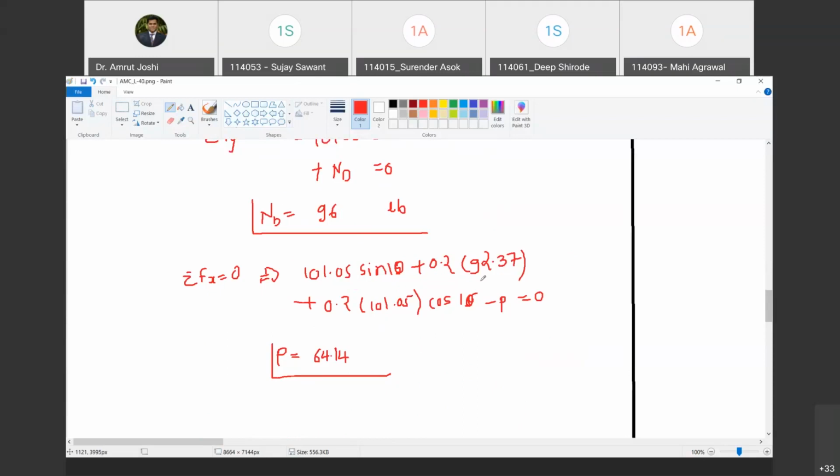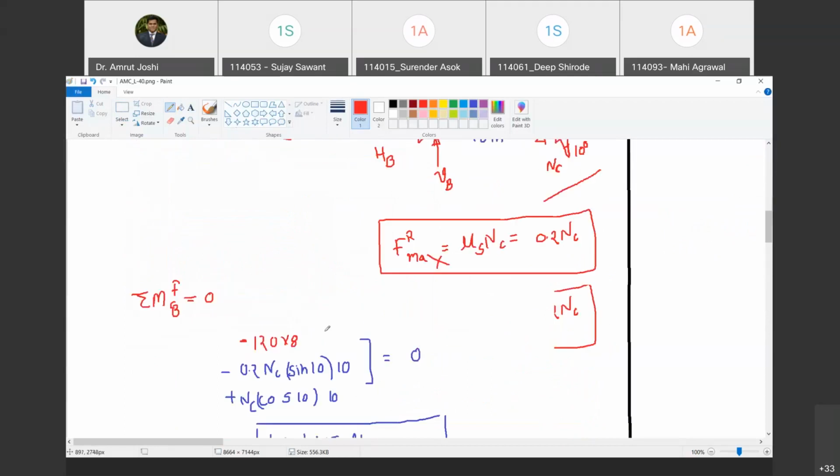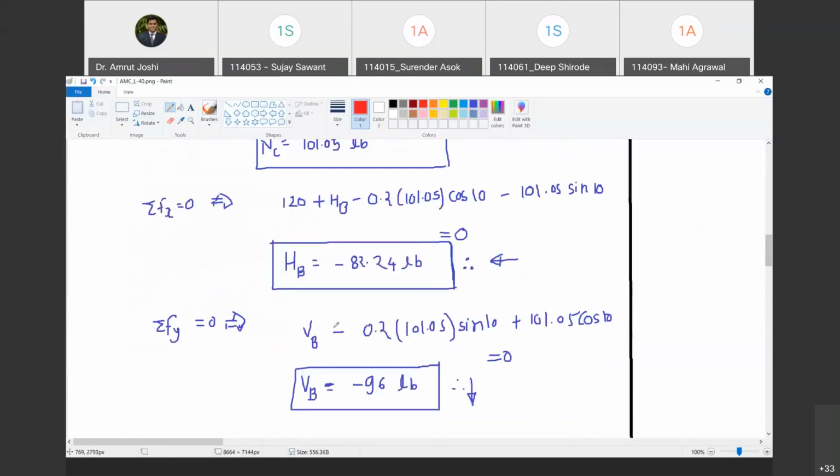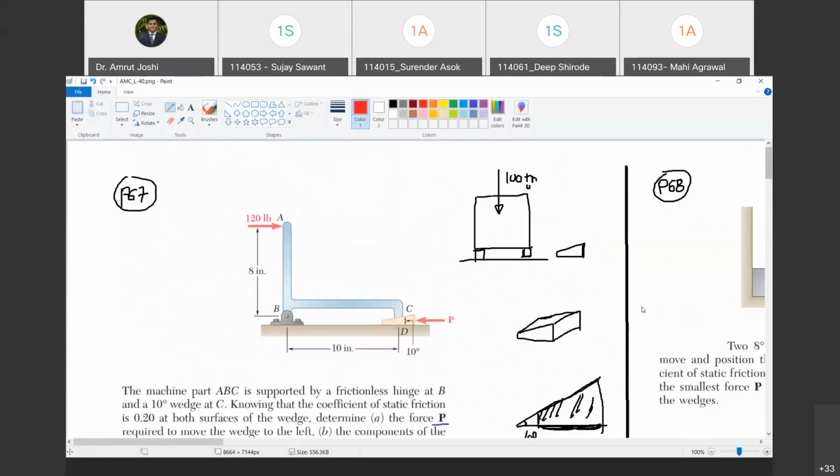So P turns out to be 56.65 pounds. This is the minimum value of P required to make the wedge on verge of motion inside. A slightly higher value than this, and the wedge will start moving in. Are you with me? Yes, sir.